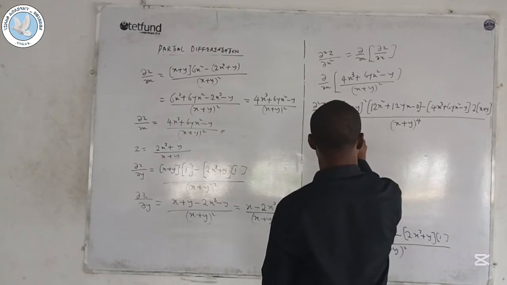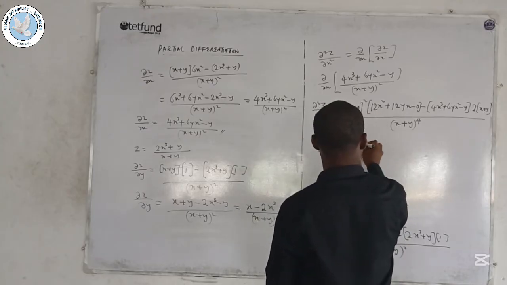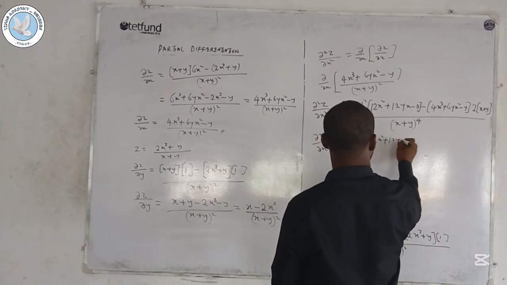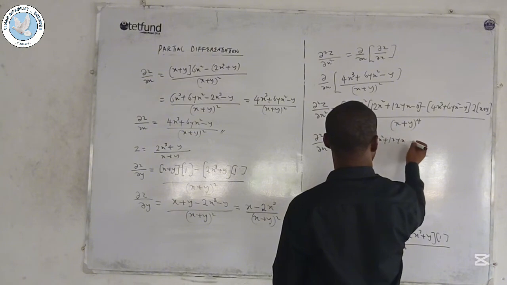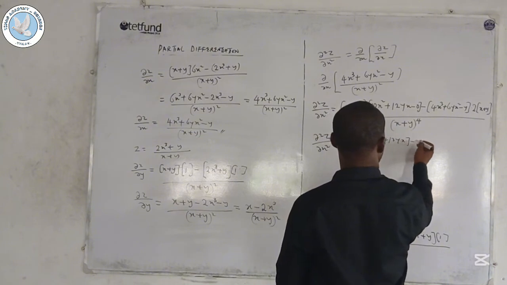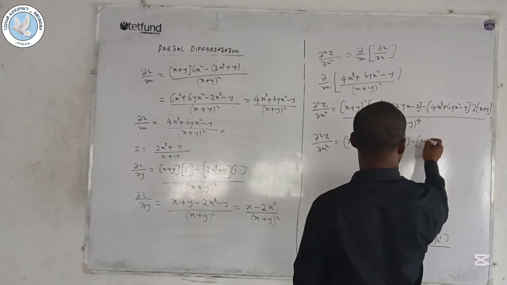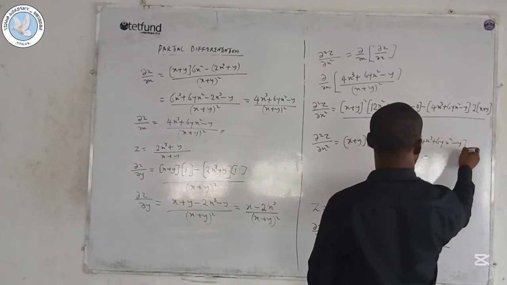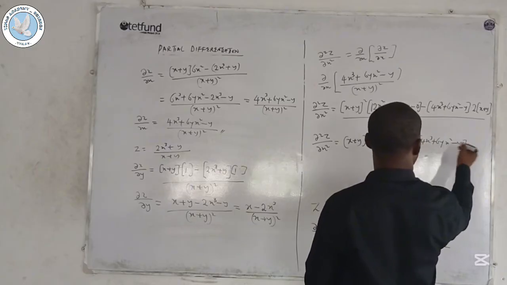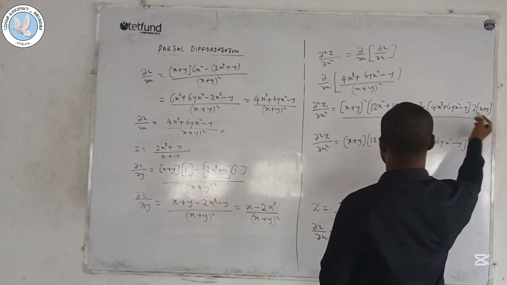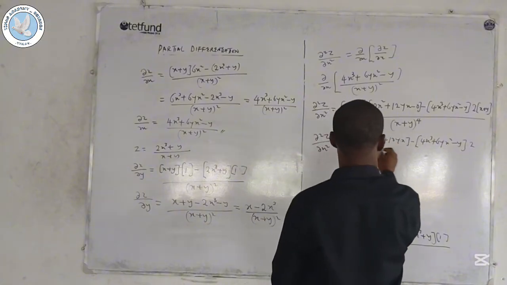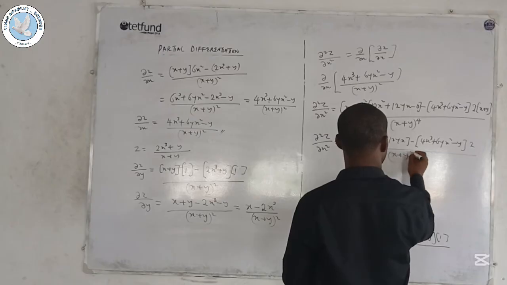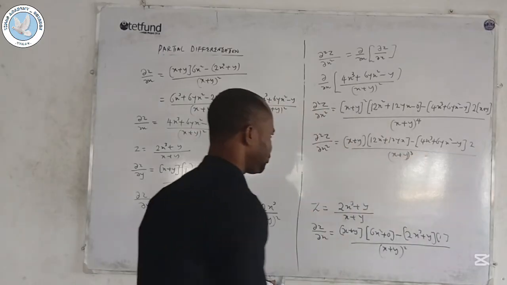So that will give us this plus this into this, minus 4 plus minus y, and can divide by 2. This and this simplified. So because of that, this is reduced to 3 raised to power 3.